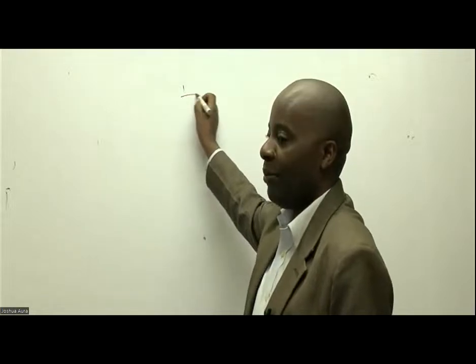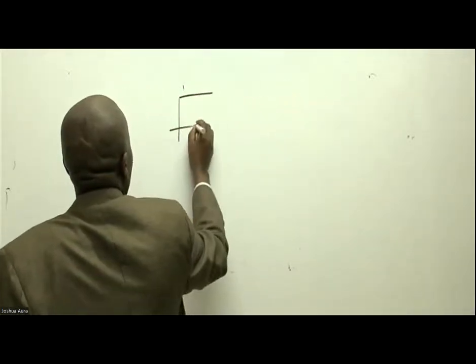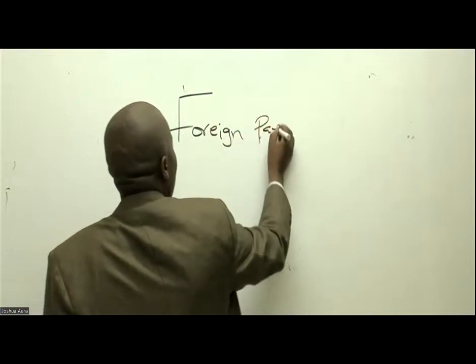And there are two rules. They're telling me it is rule number 2, which is a foreign payment, so you borrow local.